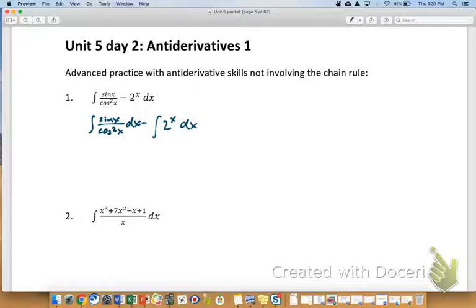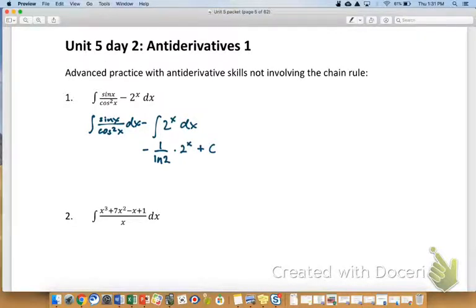Would you guys agree with me that the second one, at least on the surface, appears to be much easier than the first one? Anybody know what the antiderivative of 2 to the x is? There it is. So I think right away we can say that this second term's antiderivative is 1 over natural log of 2 times 2 to the x. We've got that plus c.